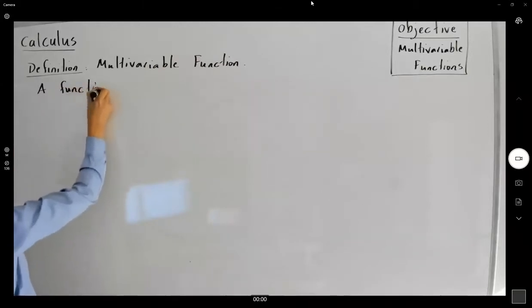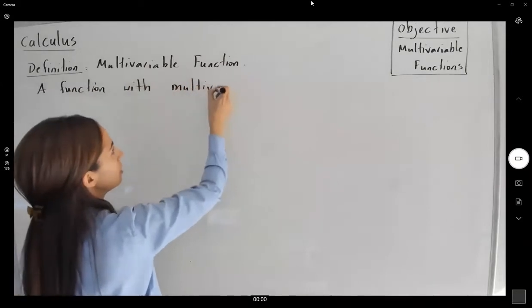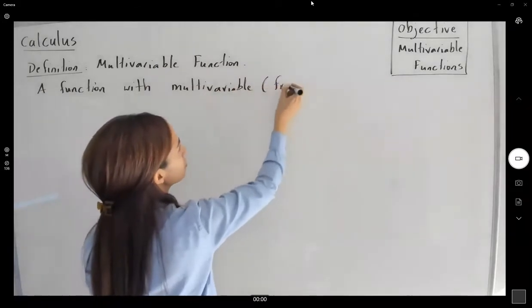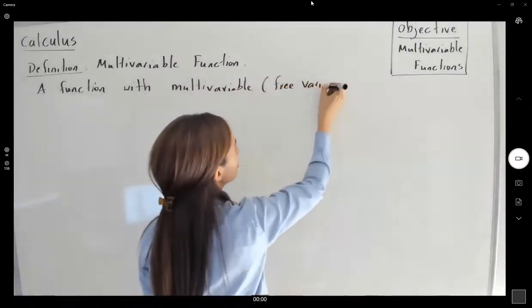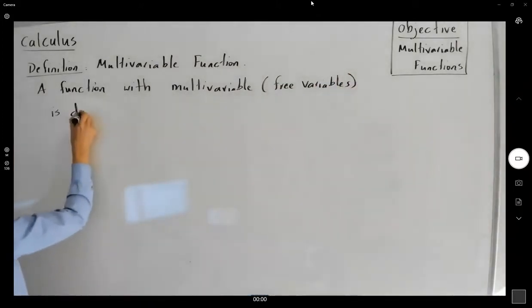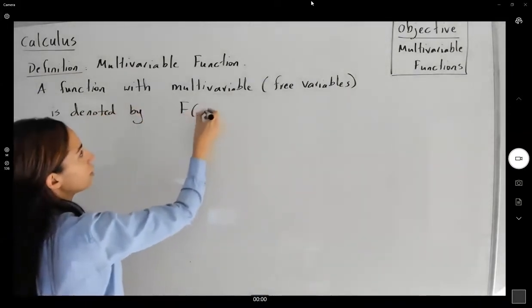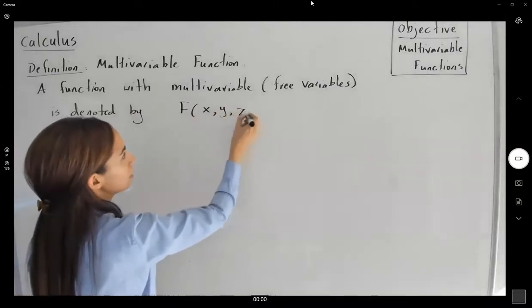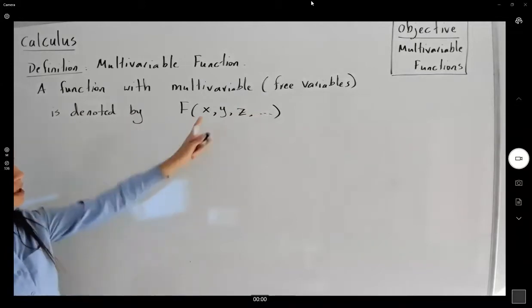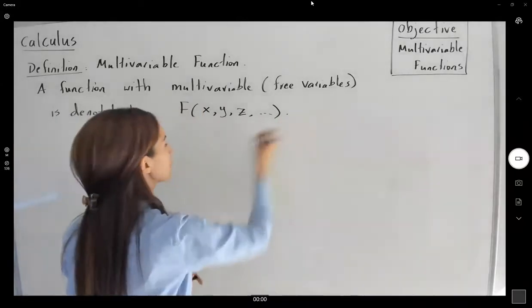A function with multiple variables, we mean free variables, is usually denoted by f of x, y, z, and you can add the rest of the variables. In this case, x, y, z, and the rest of the variables are free variables.